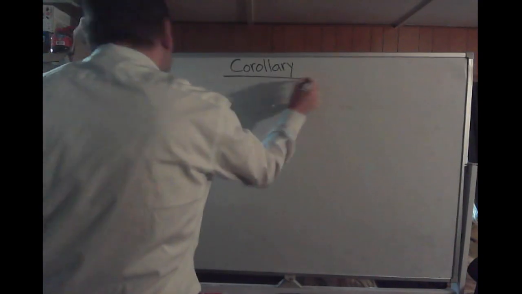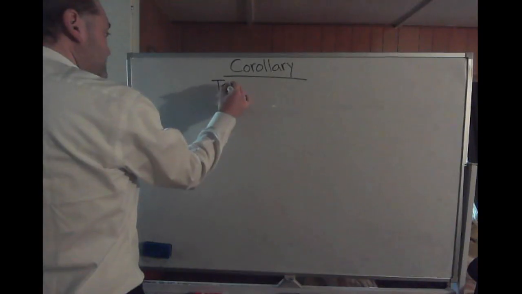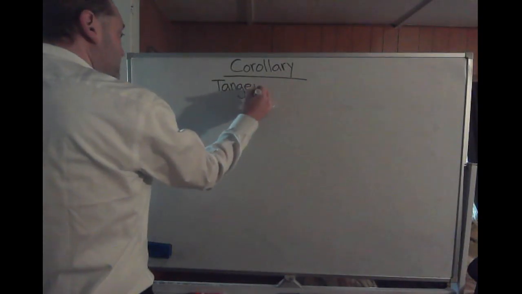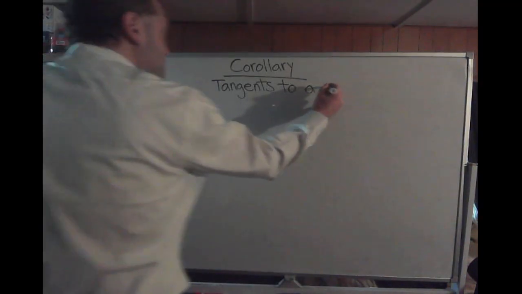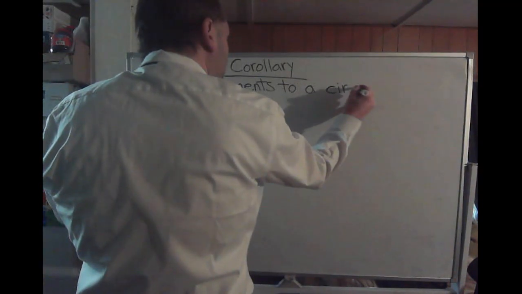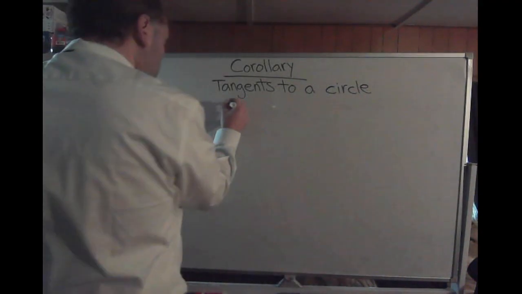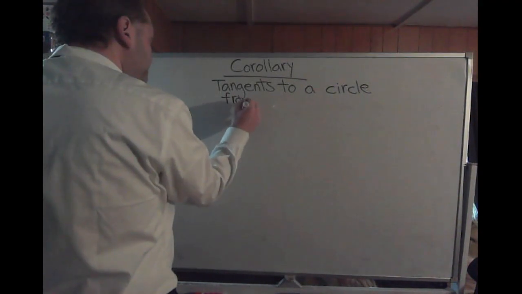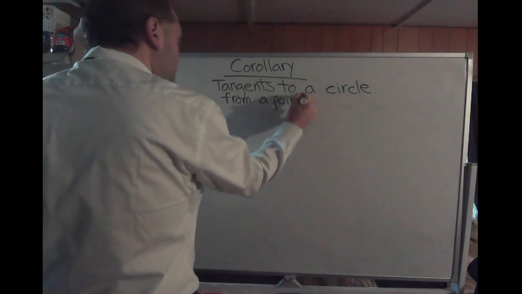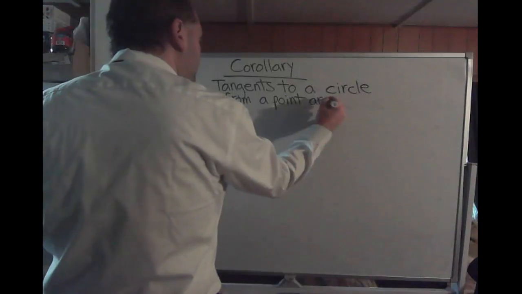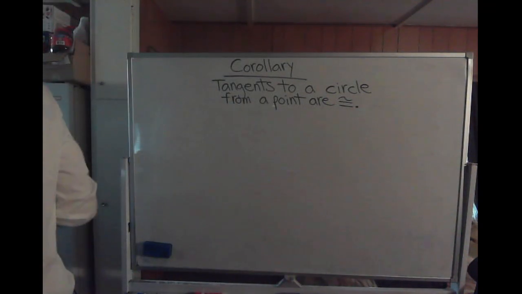The corollary to these theorems states that tangents to a circle from a point are congruent. And let me draw another helpful little circle here.